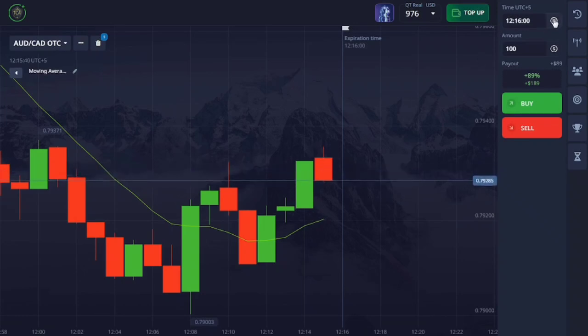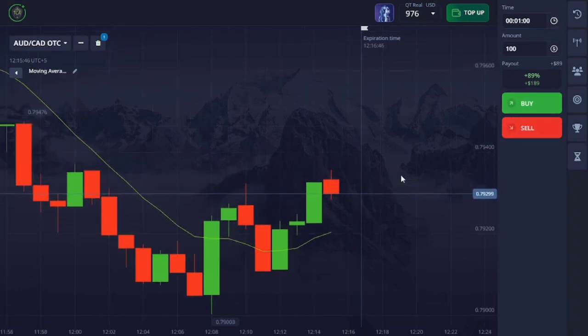I have changed the timer, and now we will trade again and recover our loss. Here we will take a trade on the next candle after the close of this candle.